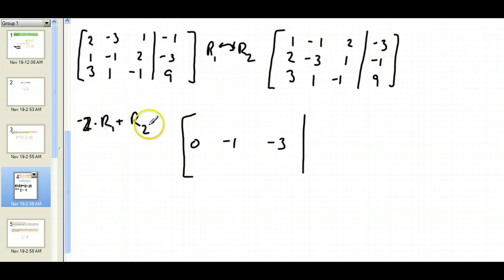So negative 2 times negative 3 is positive 6. Positive 6 plus negative 1 is positive 5. Then nothing else changes. 1, negative 1, 2, negative 3, 3, 1, negative 1, 9.